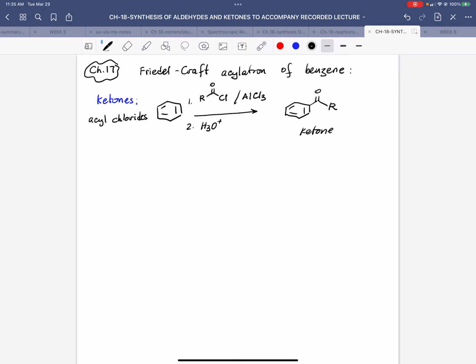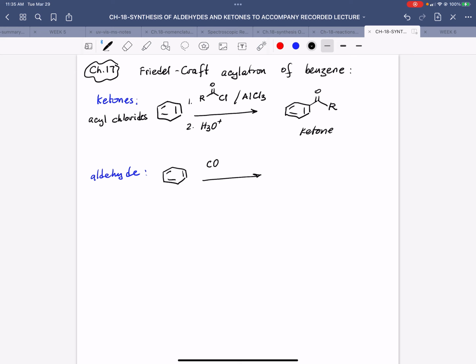But let's remember also that if we want to make the aromatic aldehyde, in this case, the acyl chloride is not going to be stable, so we are producing in situ the precursor for an aldehyde. As you remember, this was the reaction.